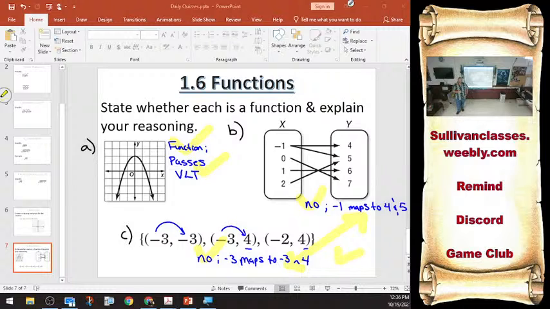Yeah, like it didn't map. It would 3 to minus 3. But if it were minus 3. Oh, it's really close, because if you had said no because -3 doesn't map correctly, then I would definitely take it, because you're specifying which one is the problem.